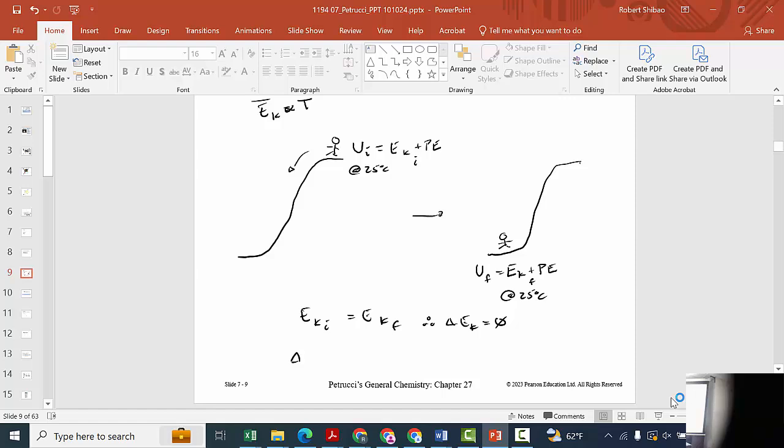So if we do delta U, that is the change in energy, which is equal to U final minus U initial, which is equal to delta EK, that is EK final minus EK initial, plus delta PE.